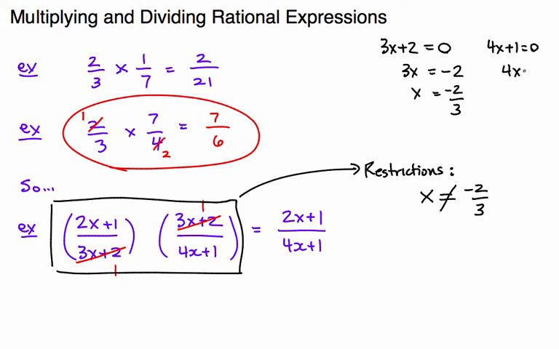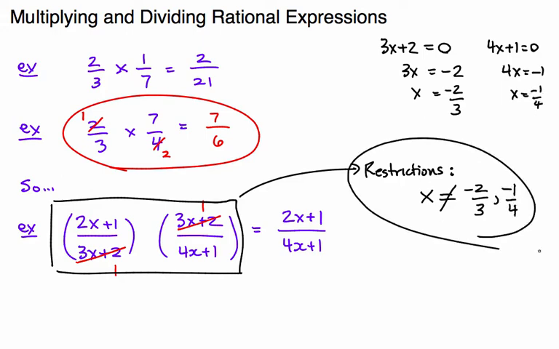You're not allowed to have x be equal to -1/4, so the restrictions are listed out as -2/3 and -1/4, and we say x cannot be both of those. If you only look at this one, you'll only see the second restriction, so you have to look at your original question. In fact, you have to look at all steps of your original question to find out your restrictions.